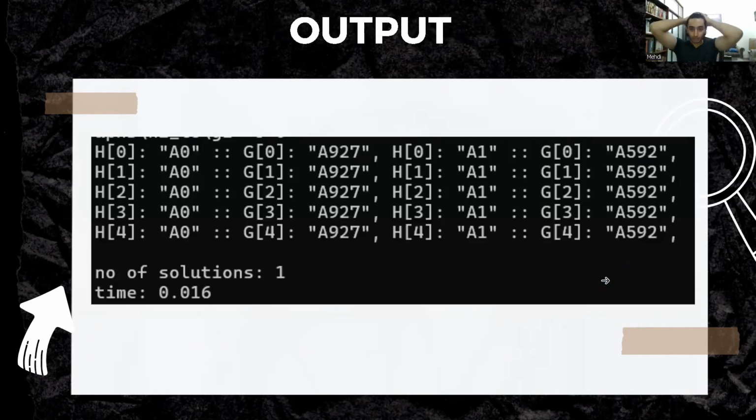I've mapped the output. So first I'm going to explain it without the map. Basically, as you can see, H0 over here is our first pattern file. In H0, there's a relation between A0 and A1, both of which are nodes. And the relation of A0 and A1 is mapped in the temporal graph as G0 in the first temporal snapshot as A925 and A592.